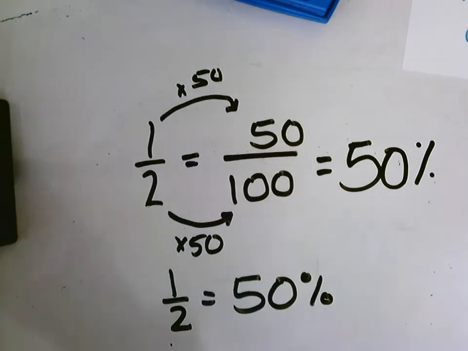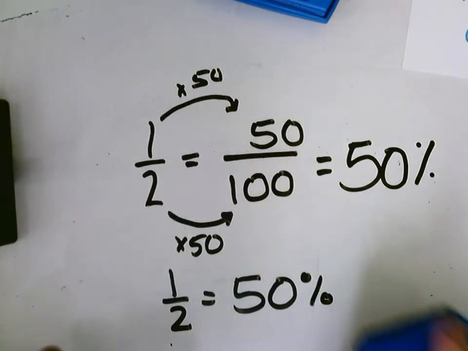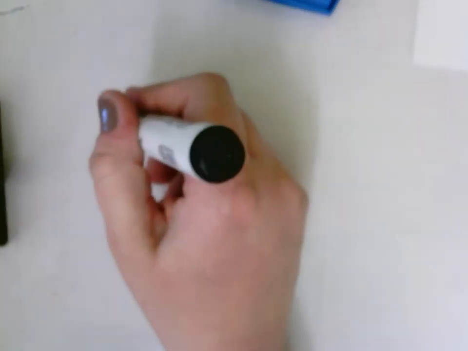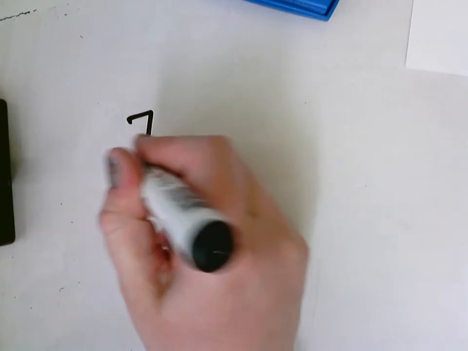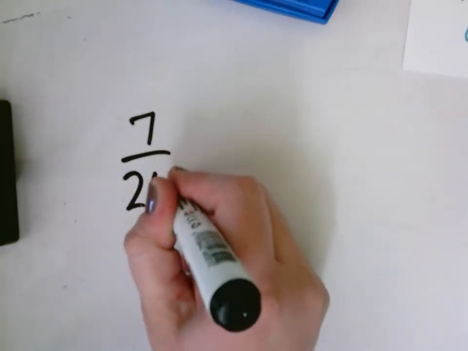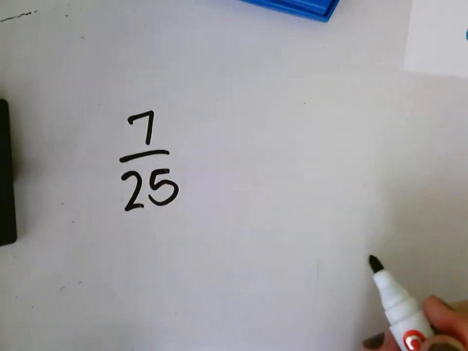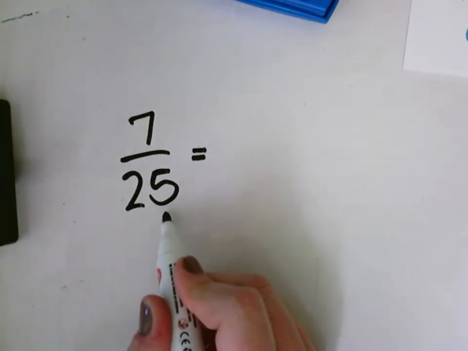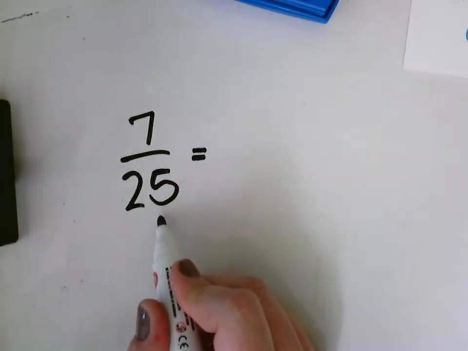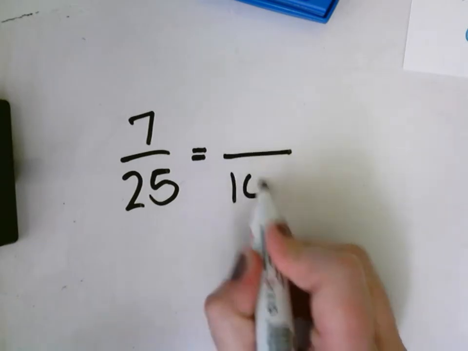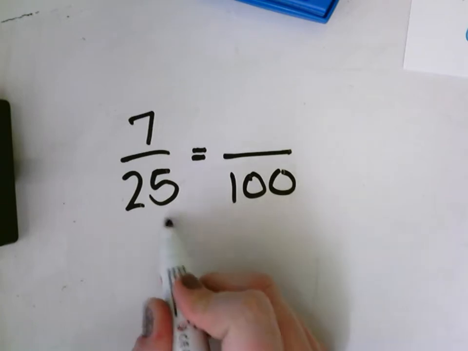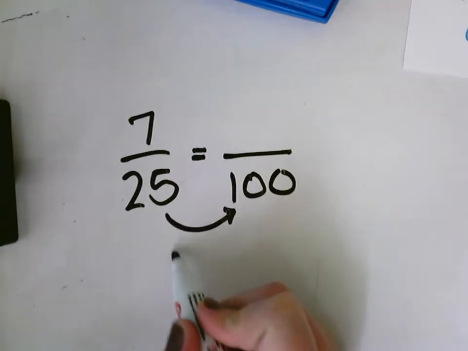Let's try another fraction that doesn't have a 100 as a denominator. What if I had 7/25ths? And I want to write this as a percent. The first step, again, is I'm going to change my denominator so that it is equal to 100. All right, so I need to think, well, what times 25 is going to get me to 100? 25 times 4.